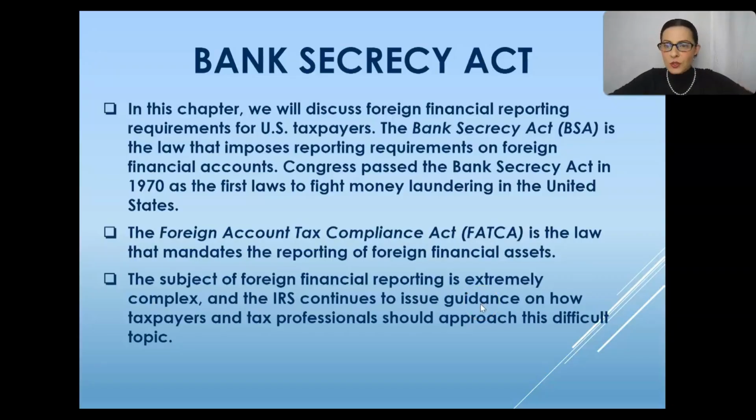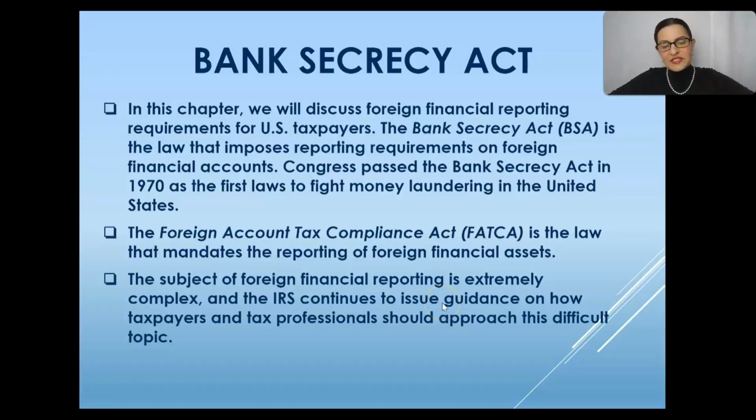These are disclosure provisions, when you have to disclose something to the U.S. government. The Bank Secrecy Act was passed a long time ago. Originally, it was passed in 1970 to fight money laundering in the United States, primarily between banks and casinos. At that time, this is before the internet, before computers were widely used, any of that.